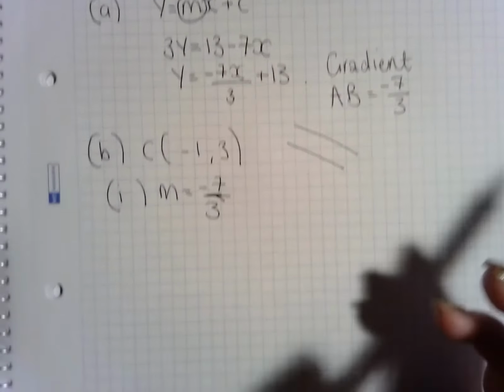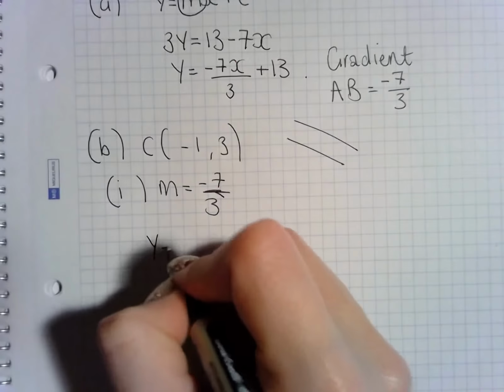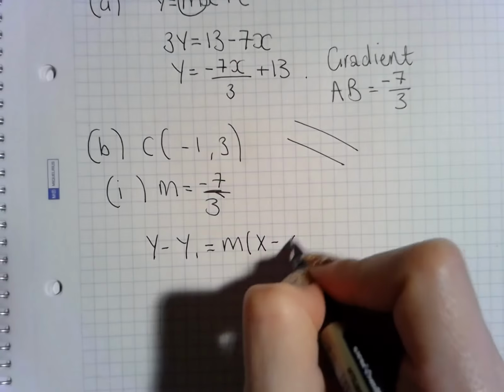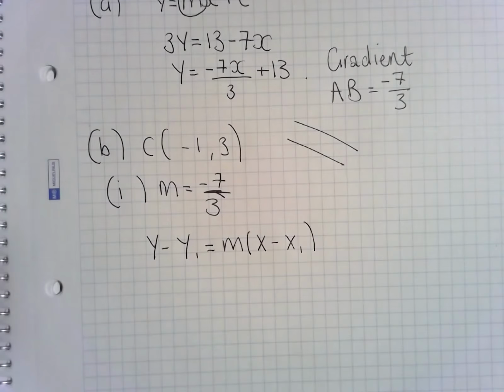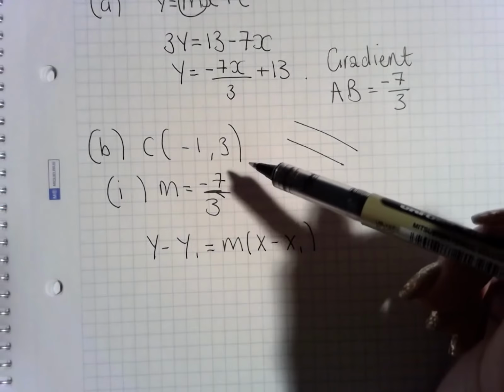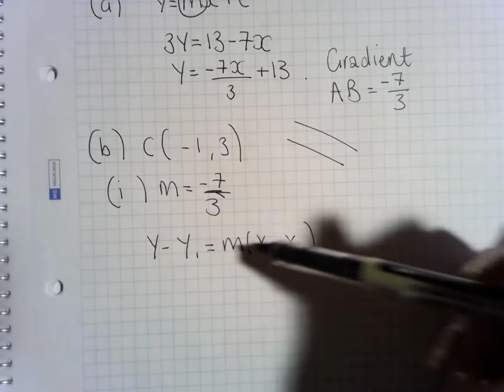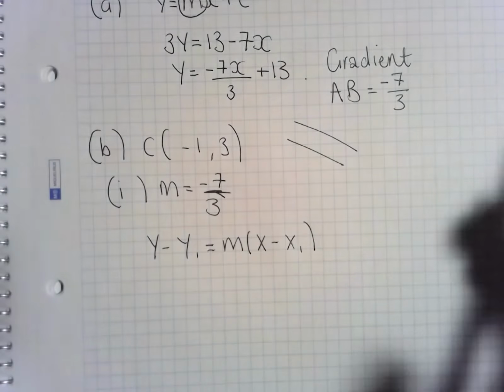So we just use the formula y minus y1 equals m, x minus x1, which is the formula you use to find the equation of a straight line if you know one point on the line and the gradient. You just plug these coordinates into this formula.